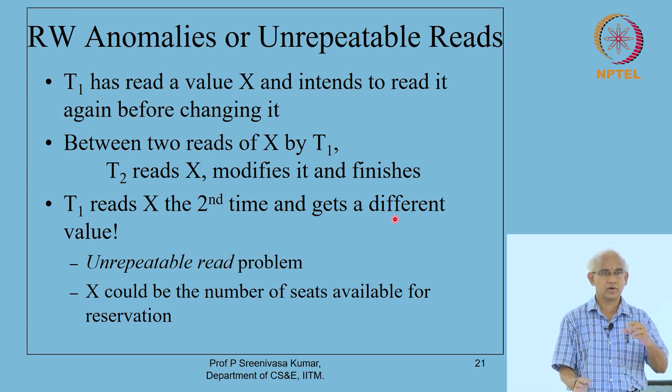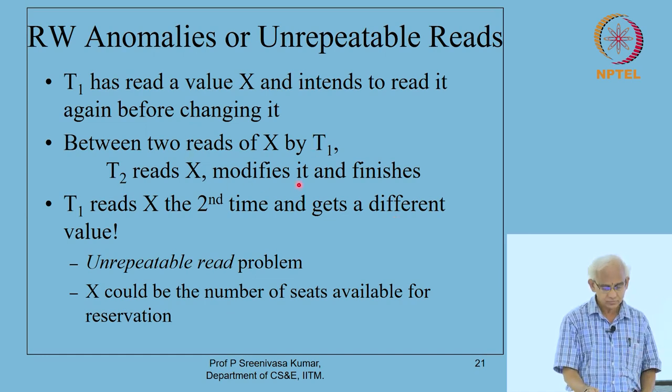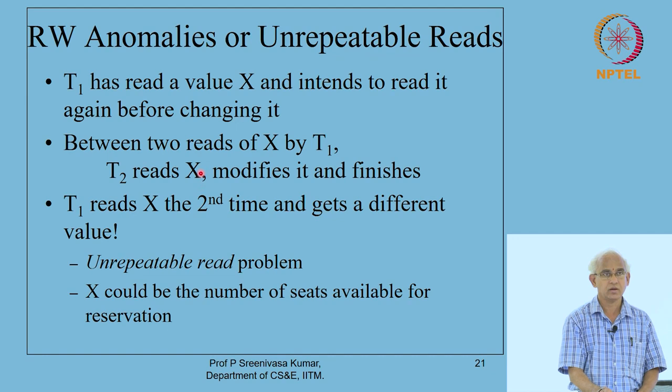So you read an item from the database, and then you read it again. You haven't modified it yourself, and you try to read it after a little while. You expect the same value to be there because you are guaranteed isolation. But that doesn't happen here because something else has come and changed it. This kind of issue is because the system allowed T2 to read X without bothering about what is happening to it.